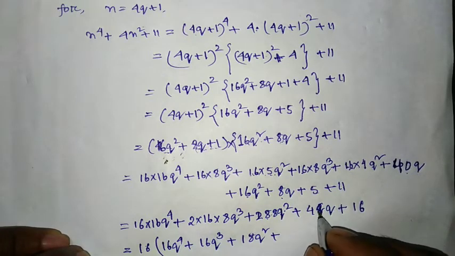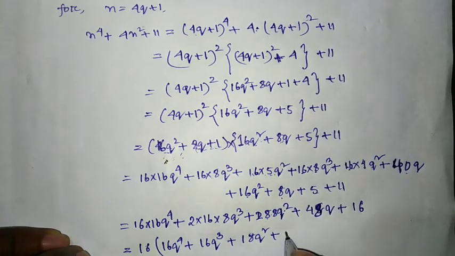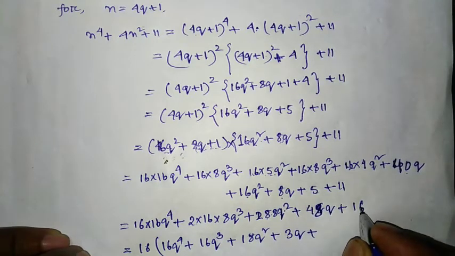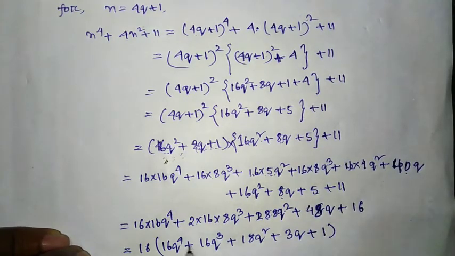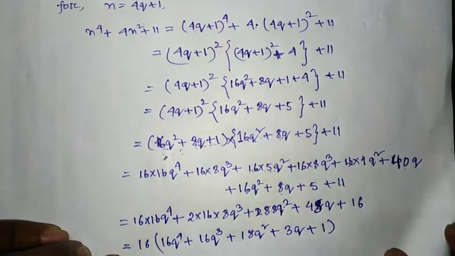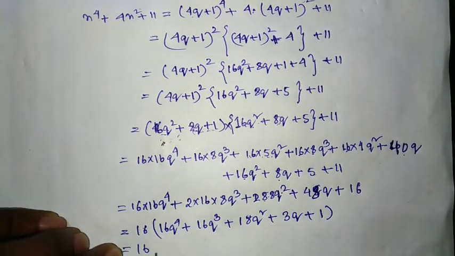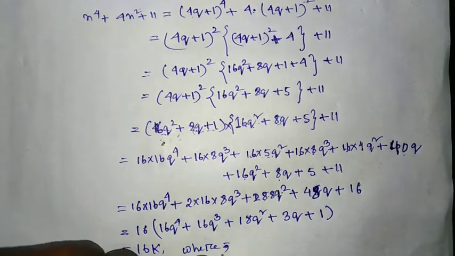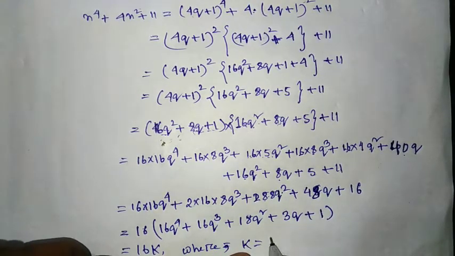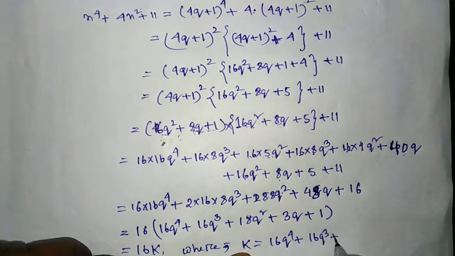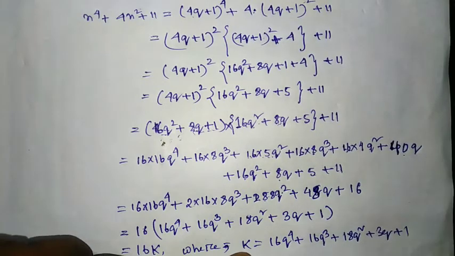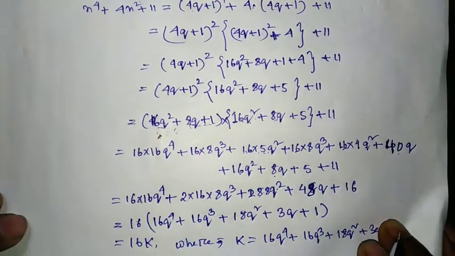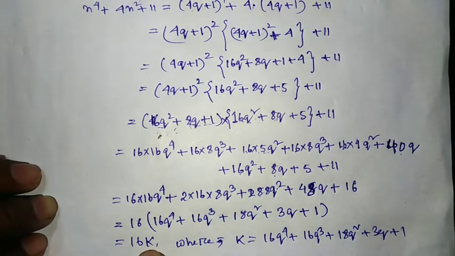So now we can take 16 common. Here in 288, we can write 16 into 18. So 16 is common. Here 16q^4 plus 2 into 8, 16 comes out, 2 into 8, 16q^3. Here 16 comes out, 18q^2, plus here 16 comes out, it is 48, that means 3q, and then 16 comes out, 1.